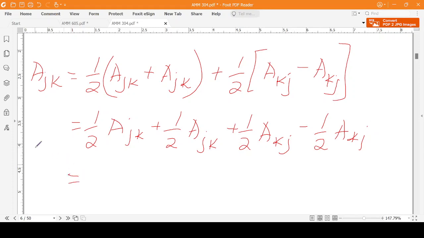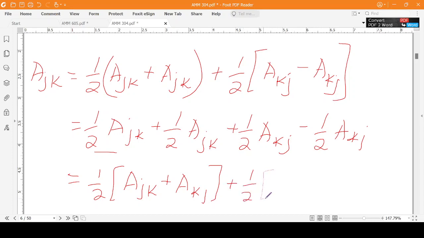We can group some of these terms. We take the first term and the third term, so that we write a half, Ajk plus Akj. Then we take the second term and the last term, so we shall have a half, Ajk minus Akj.